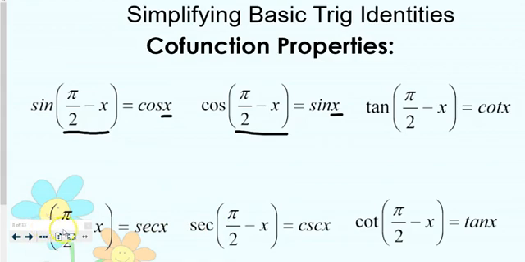I didn't mean to say that. I meant to say cosecant and secant. My apologies there. Secant and cosecant of two complementary angles are equal. So sine and cosine of complementary angles are equal. Tangent and cotangent of complementary angles are equal. And secant and cosecant of complementary angles are equal.